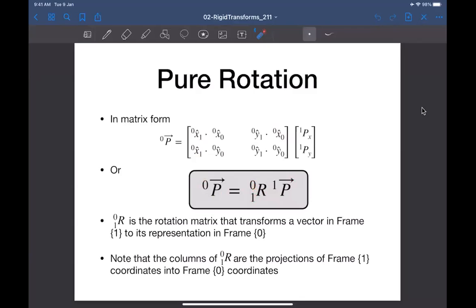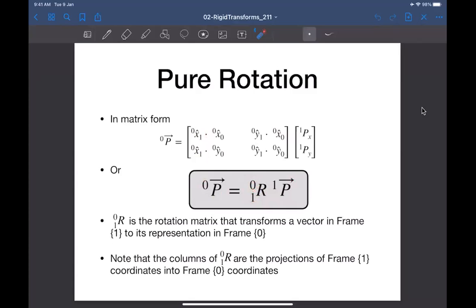And we said, and this is important information to remember, that the columns of the rotation matrix R1 to 0 are the projections of the frame 1 coordinates onto frame 0.